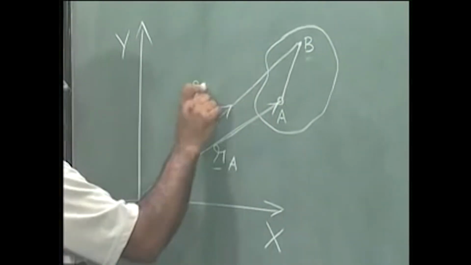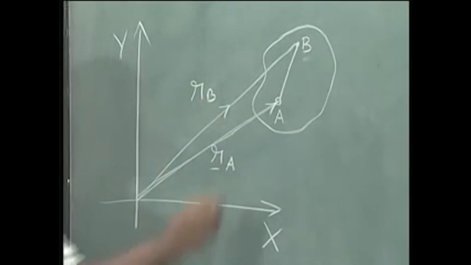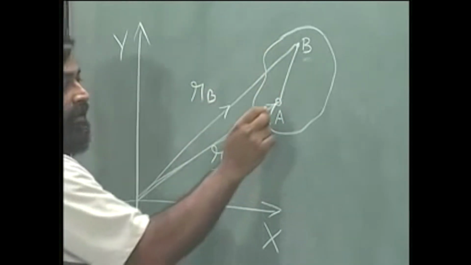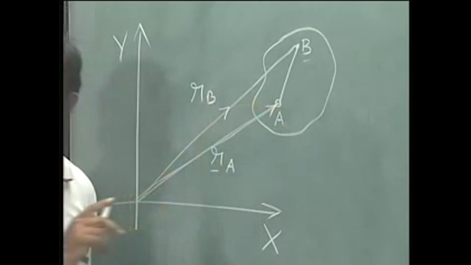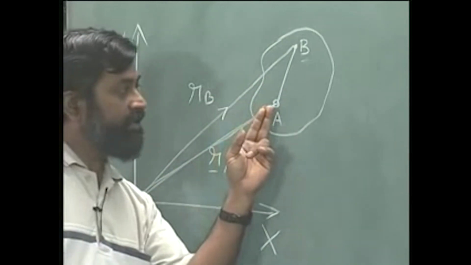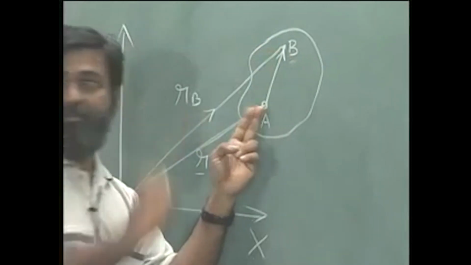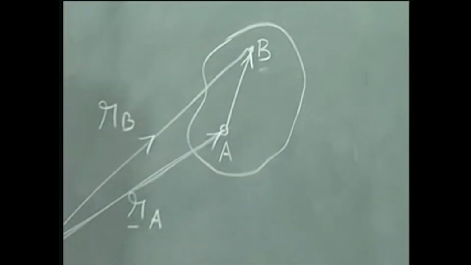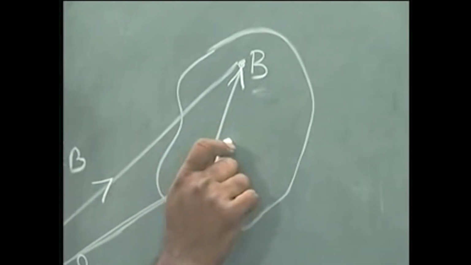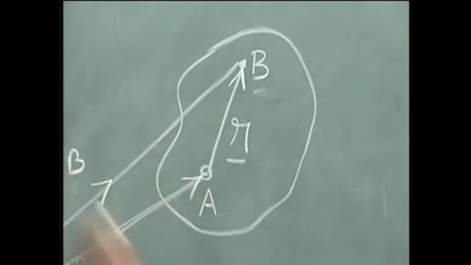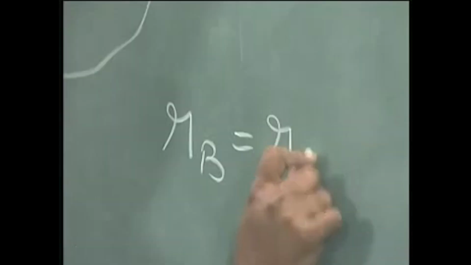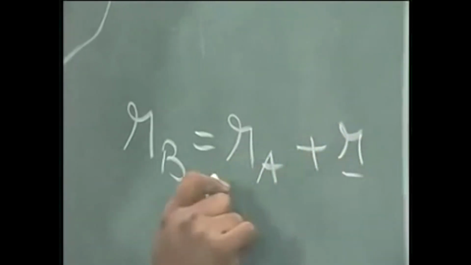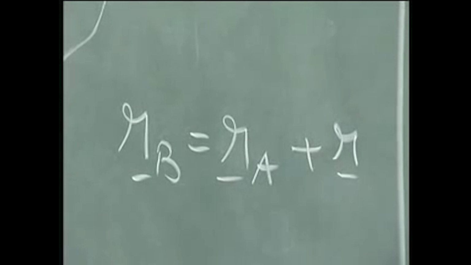This should be RB. Okay. And what should I call this as? If I have to find out B in terms of A, A becomes a reference, right. So, it emanates from A and goes to B. Are you with me? And therefore, if I call this as R, it is RB equal to RA plus R. All these are vector quantities, right.